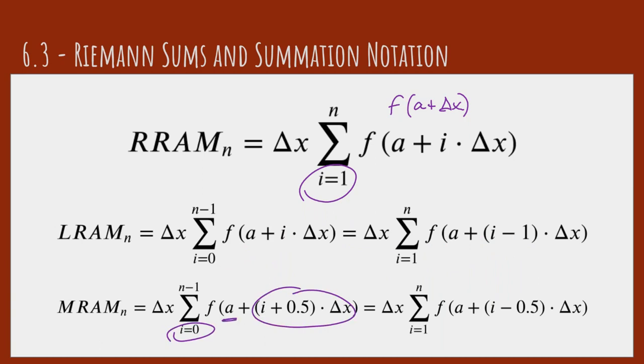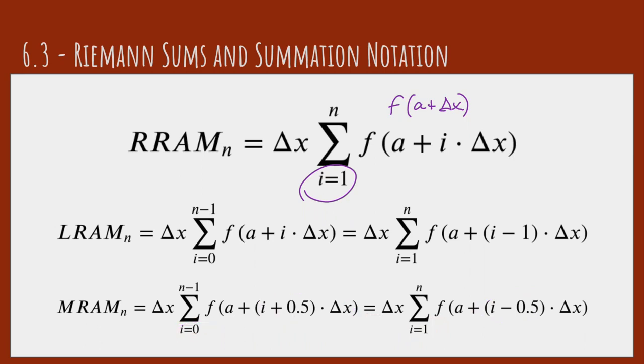So what that does is it starts at the left endpoint and adds half of the interval, evaluates the function there to get the height at the midpoint of the first subinterval. If i starts out at 1, then we subtract 1/2 from i so that we're still doing f of a plus half of delta x.